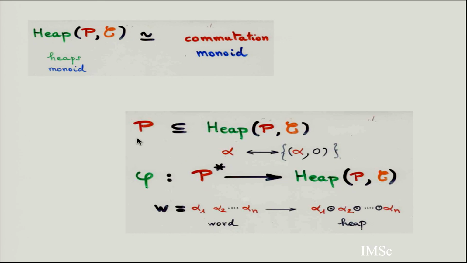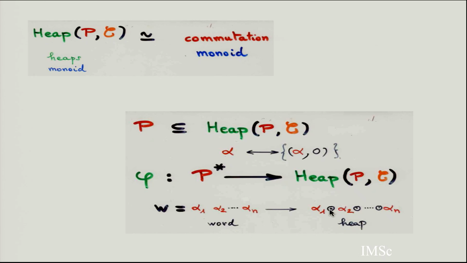You take basic pieces P, and I take the free monoid generated by P, the set of basic pieces. So my alphabet for the free monoid is P. If I take any word as a sequence of consecutive basic pieces, then I can define a heap, which is a product of each of these elementary heaps.